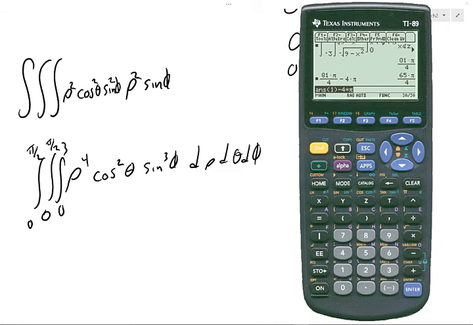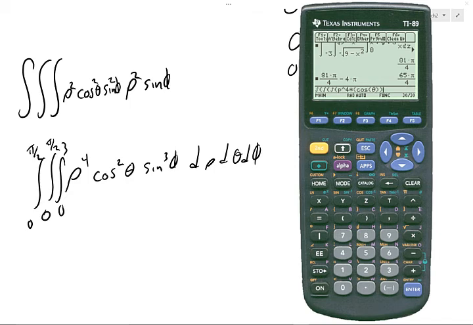And so let's see here, integrate, integrate, integrate. I'll use rho to the 4th times parentheses. Now don't forget, when you do the cosine of theta, theta's over here, so you can actually use theta if you like.